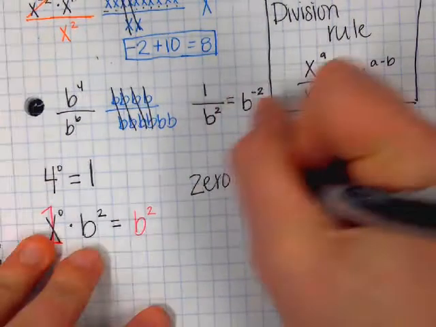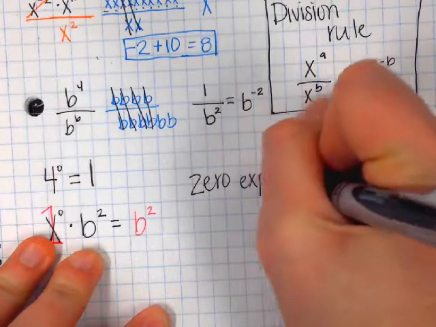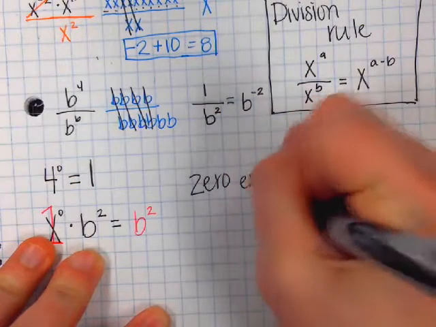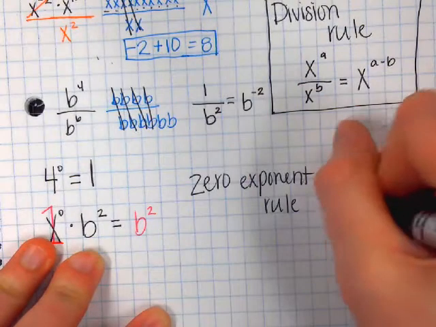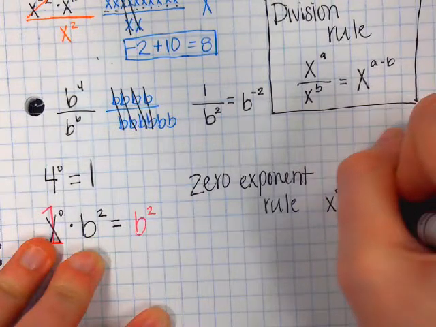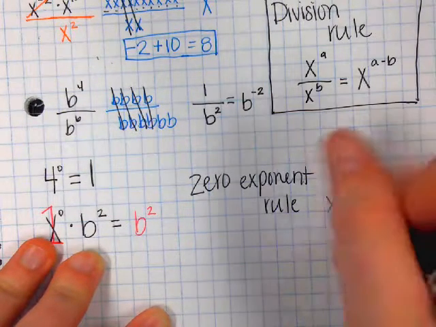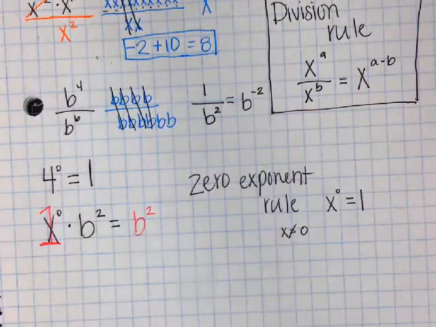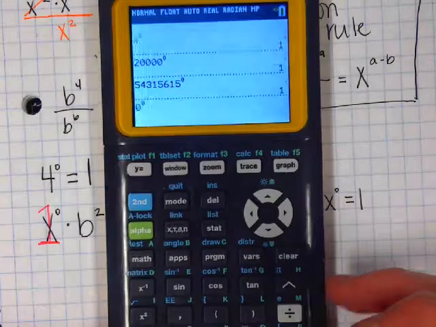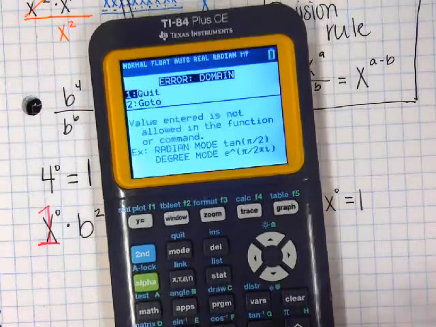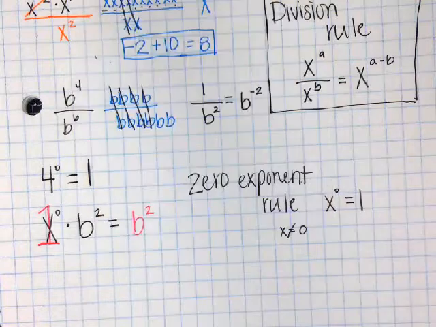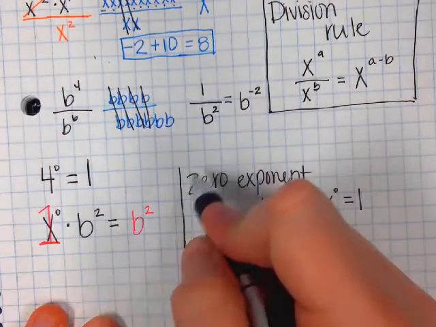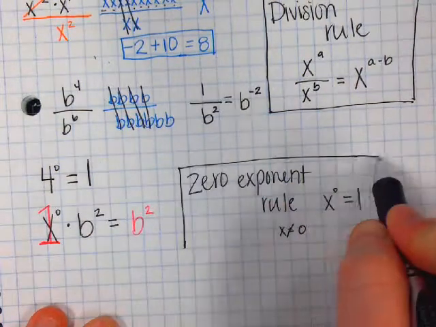Okay, this is the 0 exponent rule. X to the 0 equals 1. And just make sure x cannot equal 0. If you put in 0 to the 0, it gives you an error. Okay, so that's the next rule.